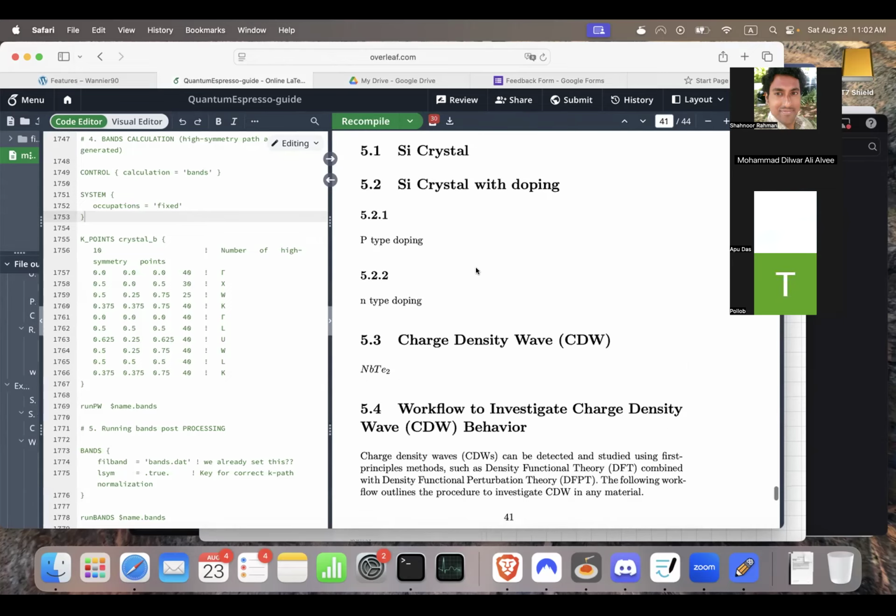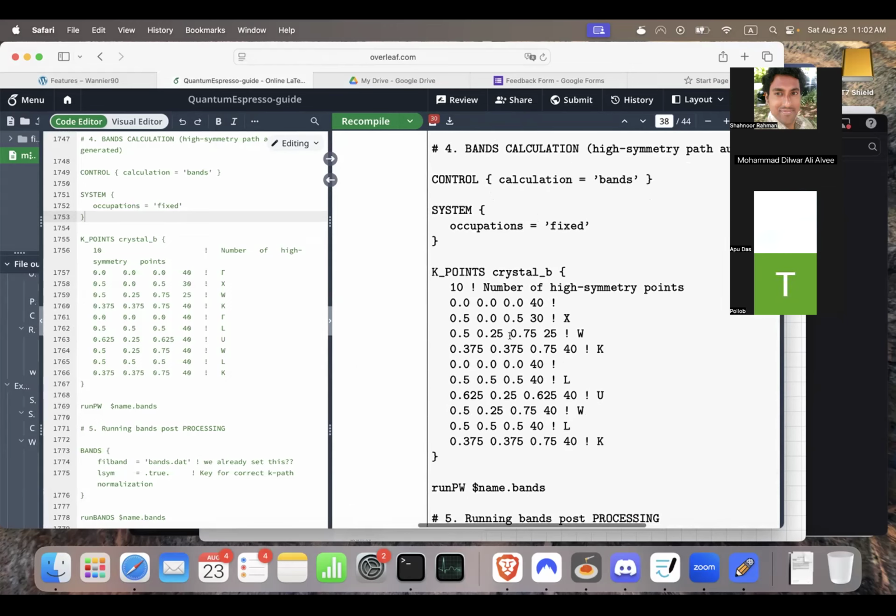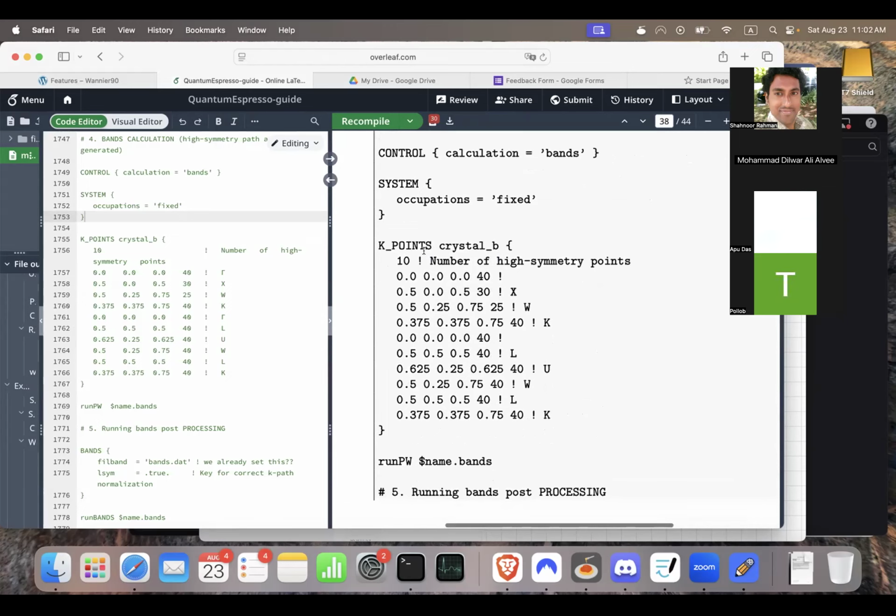We have this k point in the SCF and NSCF computation, where we have the grid. For the bands computation, we actually specify what we want in the bands.dat file.